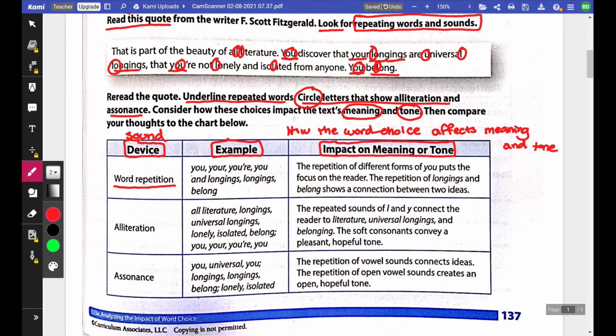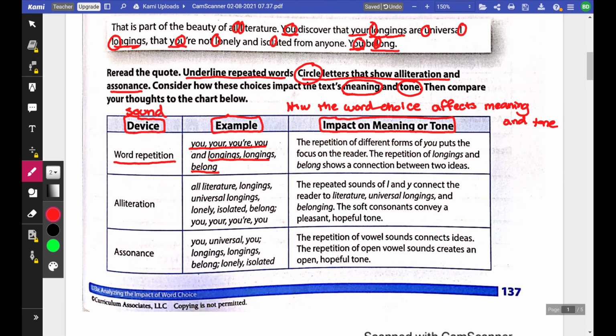So I'm going to underline those. That's all one example of repetition right there. We also have longings and belong. All of those are being repeated too, and it's focused on that long sound. We picked those out too in our quote. We have longings, and then we have longings there, and we have belong there. So that's another example of word repetition.